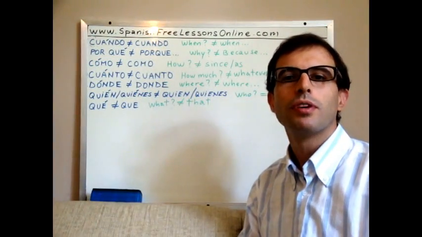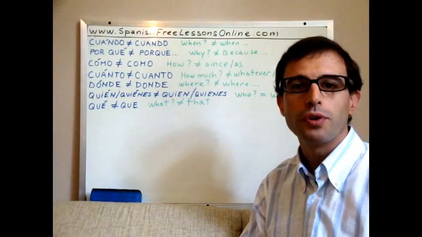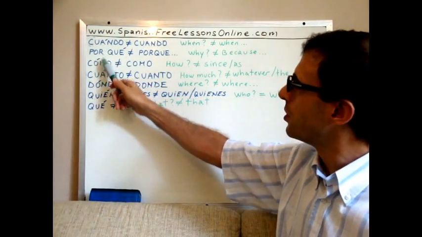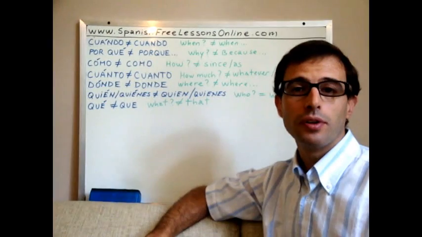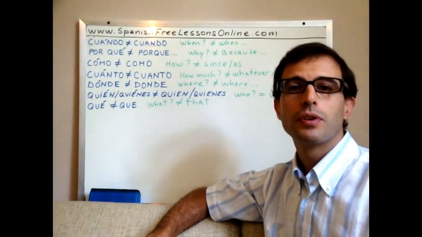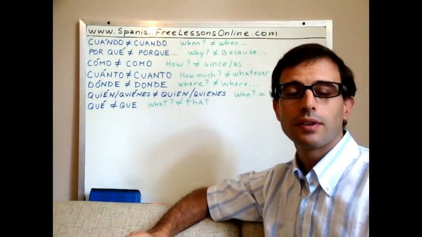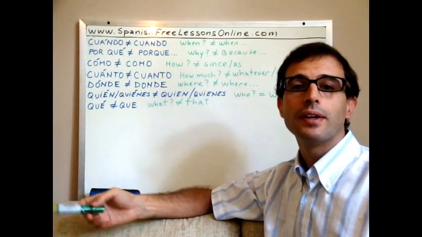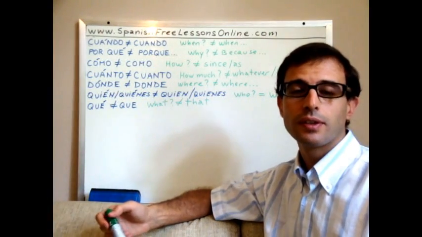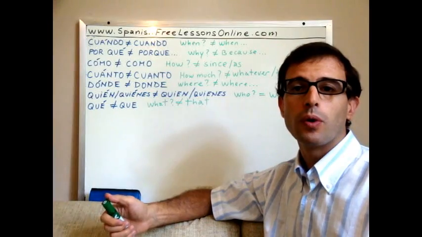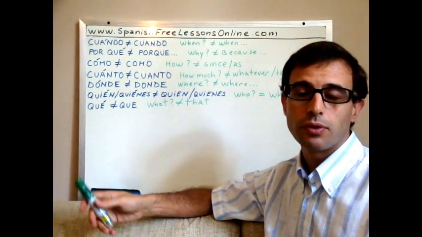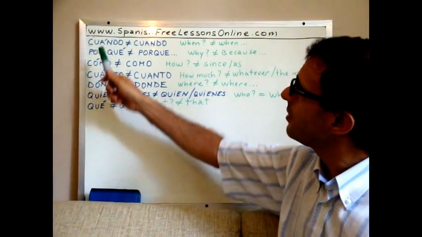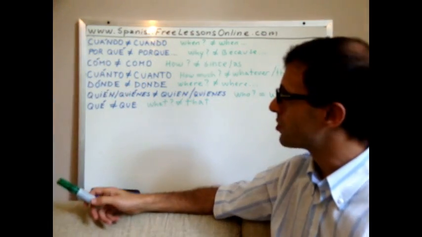Today I want to teach you something about question words in Spanish. These are the typical question words, right? Or the W words in English, right? Those question words: where, how, when, which, right? Why. Well, of course, how doesn't begin with a W, but these are some of the typical question words in Spanish.